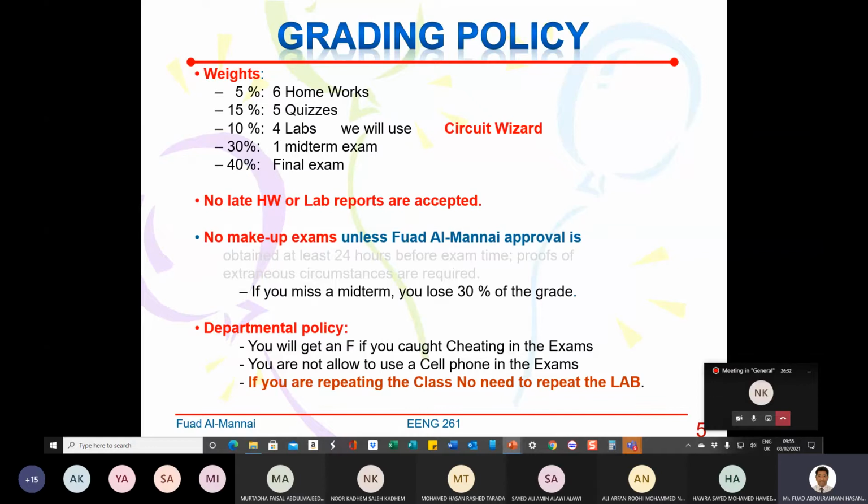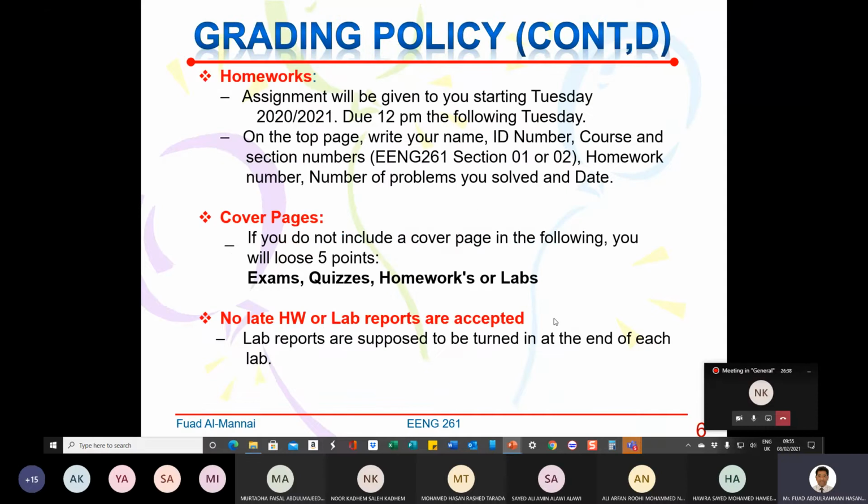Any questions? No questions? Okay. Homework will be assigned, for example, on a Tuesday, and due at 12 p.m. the following Tuesday. If you are 5 minutes late, it will not be accepted.